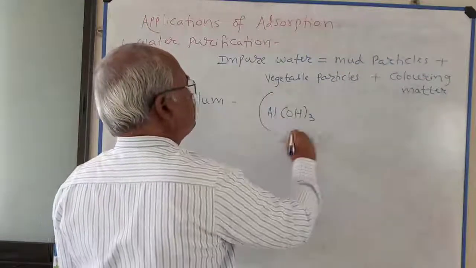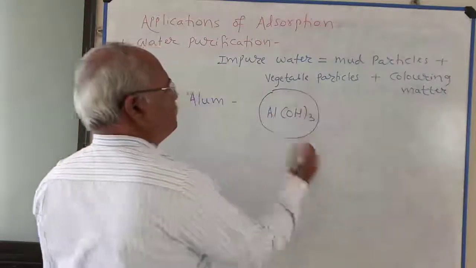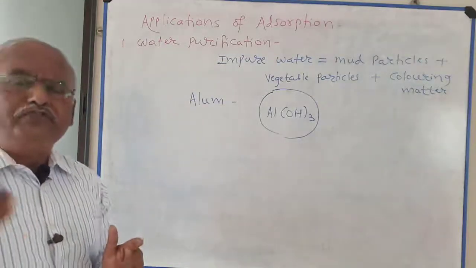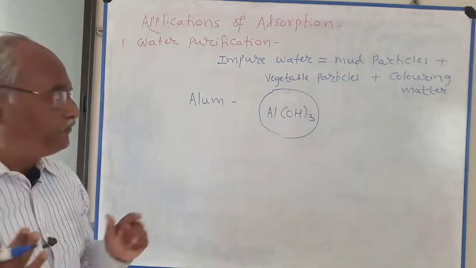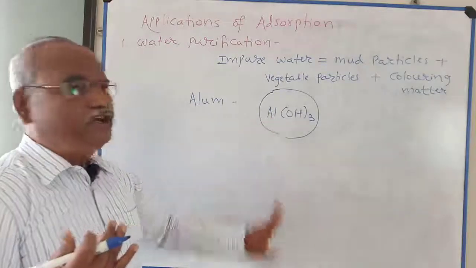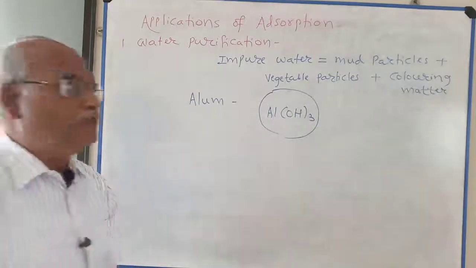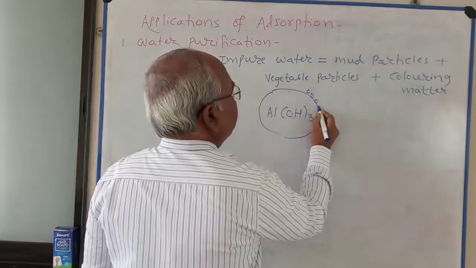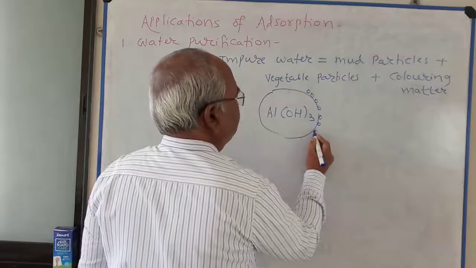So what are colloids? What is their size? We are going to study after 2-3 lectures. So this aluminum hydroxide is a colloidal particle. On this particle, mud particles are adsorbed.